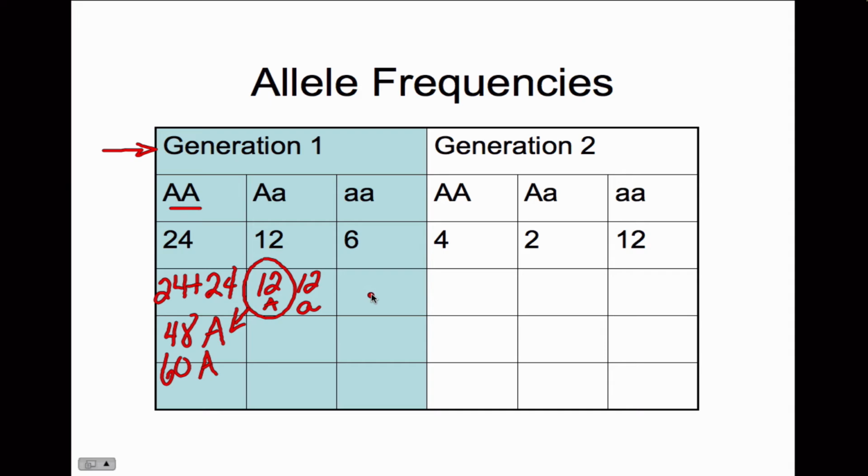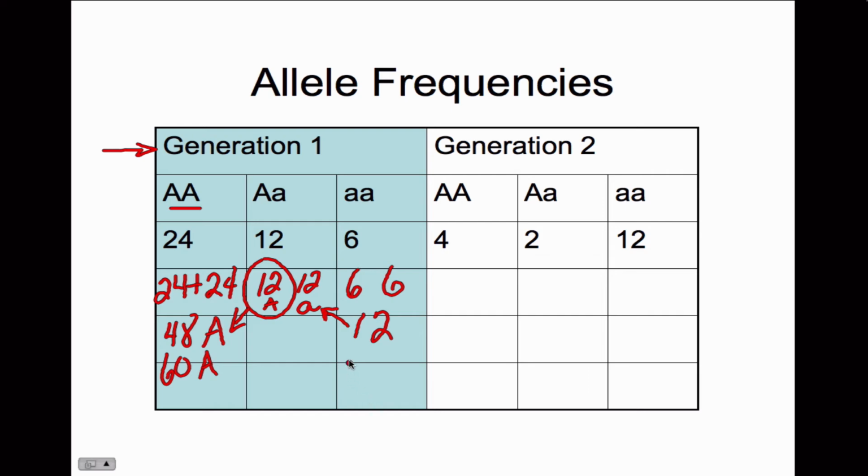Now I'm going to skip over here to the lowercase a's, and the homozygous recessive, we're going to have 6 of the little a, because there's 6 individuals total, but they have both the recessive alleles.